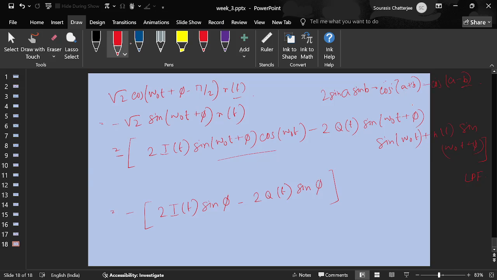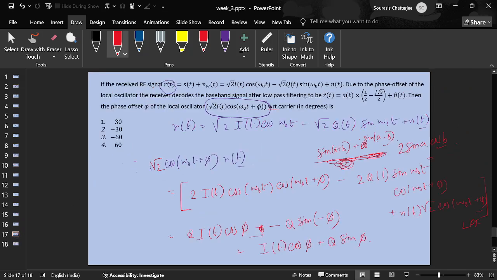Yeah, for 2 sine omega naught t plus phi into cos omega naught t, that will be equal to I of t into sine phi plus I of t into sine 2 omega naught t plus phi. Okay, you are talking about the first term here in the first slide. Yeah, in the first term, two terms will come.